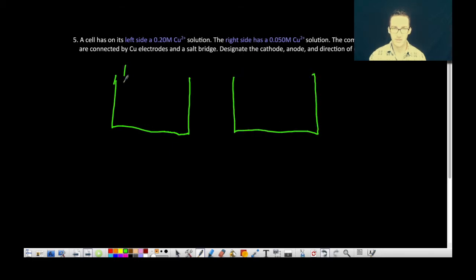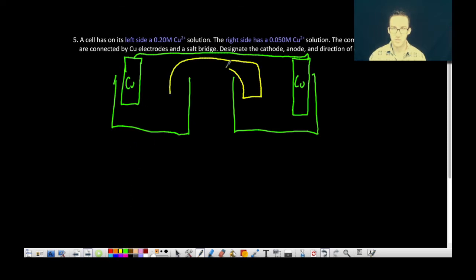I'm just going to draw a quick diagram here to help you better understand this. We've got our 2 half cells, our 2 electrodes, both of which are copper, connected by a wire. Here's my salt bridge. And in each of them we've got a copper ion solution. The left-hand side is 0.2 molar. The right-hand side is 0.05 molar.